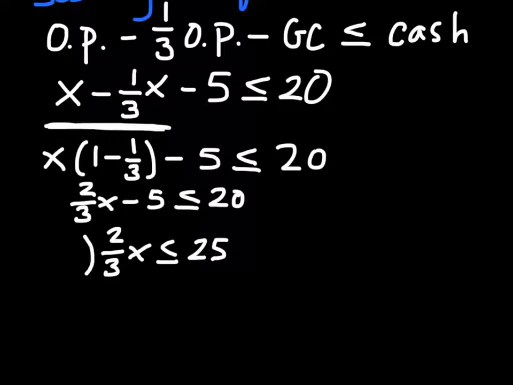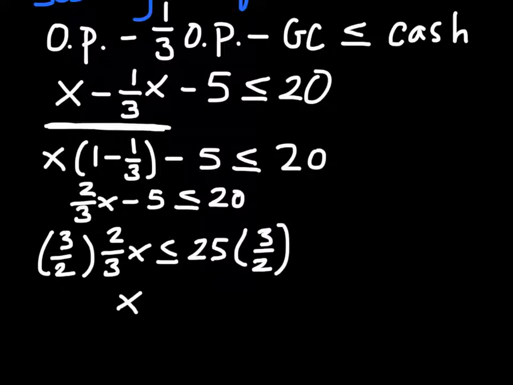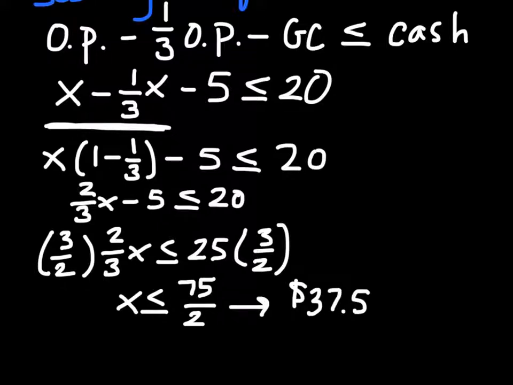Now we multiply by the multiplicative inverse, which gives us X is less than or equal to 75 halves, which we can write as a dollar amount of $37.50, because 37.5 is half of 75. So you can afford to purchase a shirt whose original price is $37.50 or less.